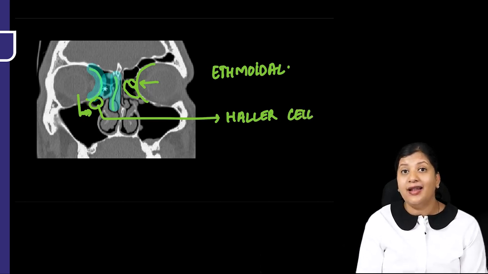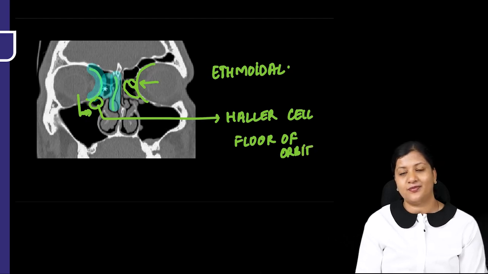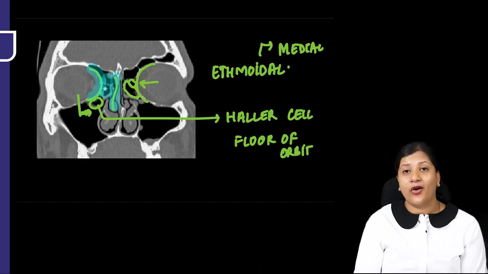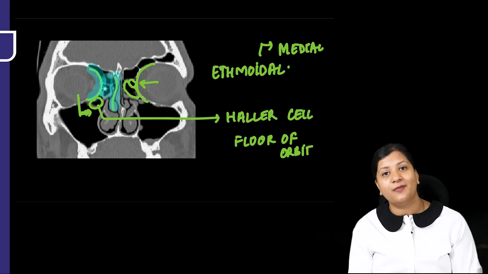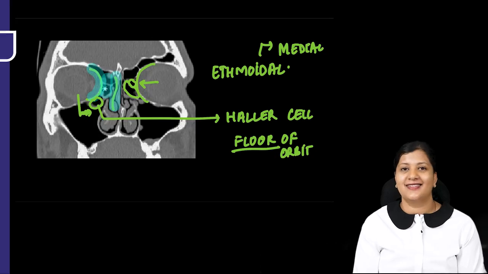An ethmoidal air cell which is present inferomedial to the orbit or in relation to the floor of the orbit. Ethmoidal air cells are normally in relation to the medial wall. But if you have one ethmoidal air cell which is not in relation to the medial wall but is in relation to the floor, we call it a Haller cell. So I think this is clear to everybody.